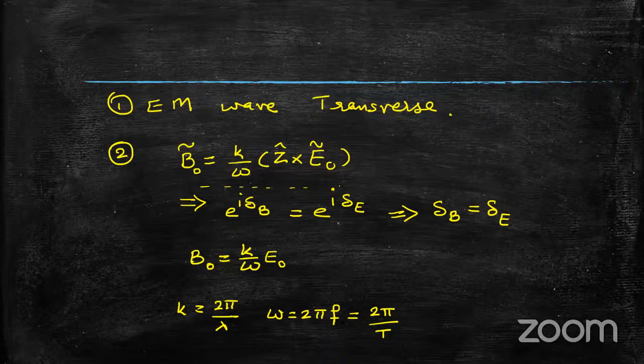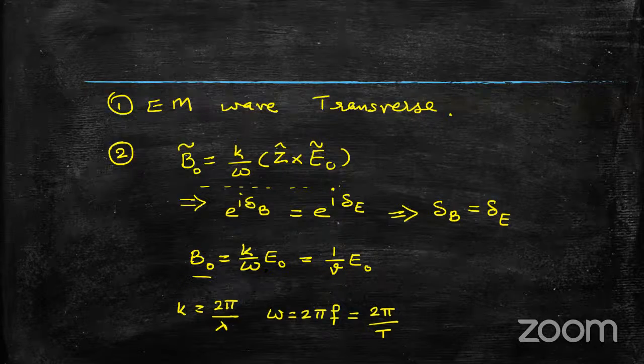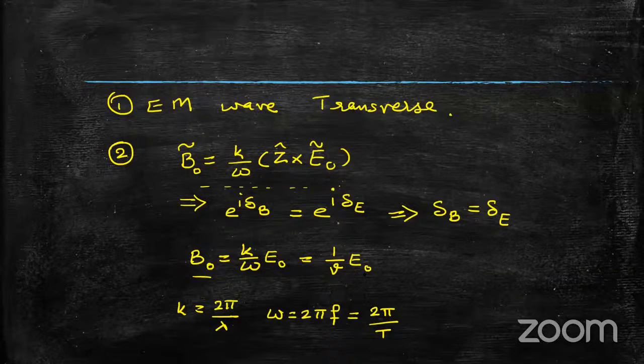It is 1 upon V. So B0 is equal to 1 upon V times E0. You can see that even in electromagnetic waves, B0 is scaled down by 1 by V, the speed of the electromagnetic wave in that particular medium.